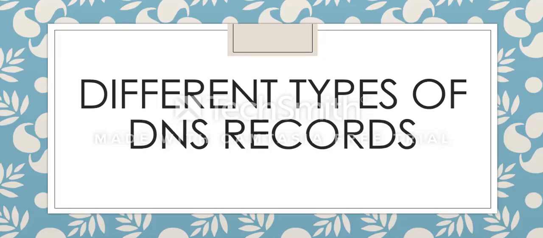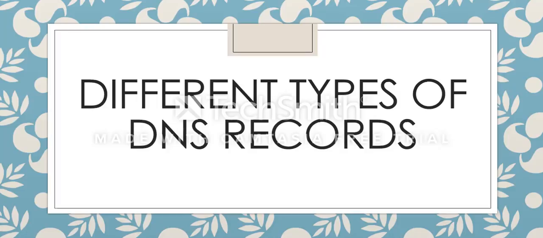The first one is called an A record, or an address mapping record. The A record specifies an IP address for a given host using IPv4. The records are used for conversion of domain names to corresponding IP addresses. The next one is AAAA records, and those are the same as an A record, except it's the IPv6 version.